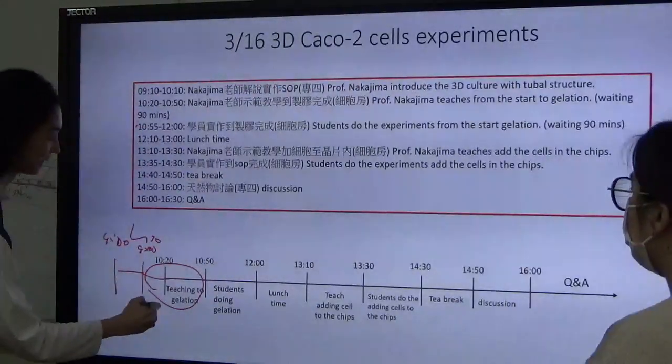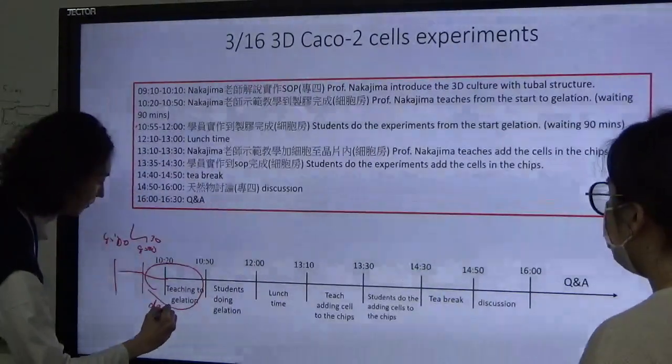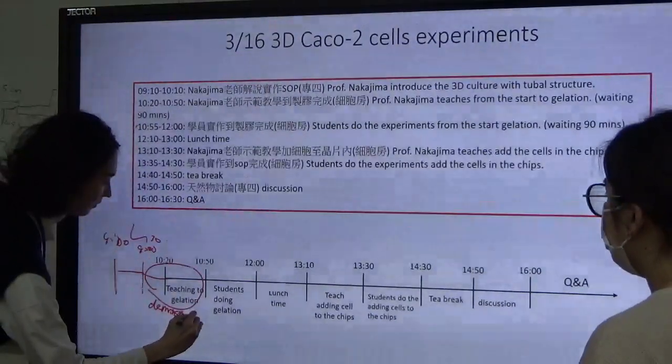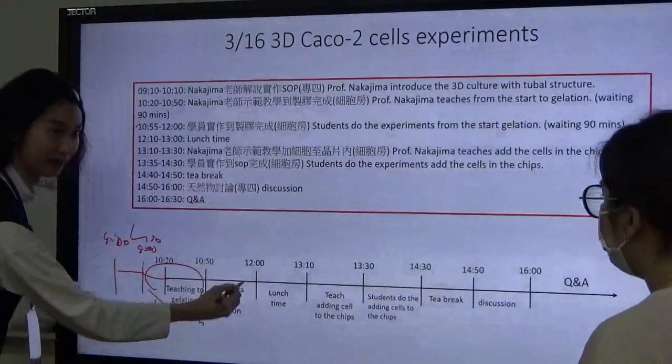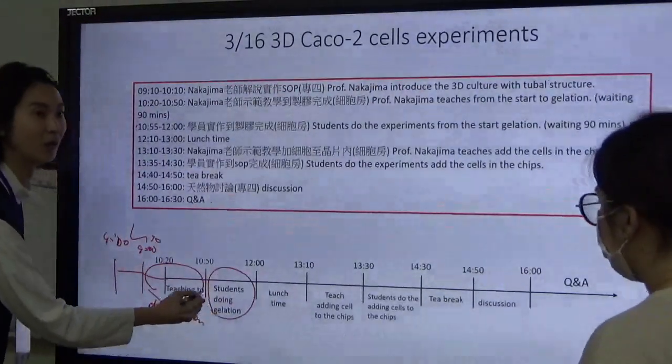So this is the demonstration time, and the seeding and student trial time, and this is good management for you.